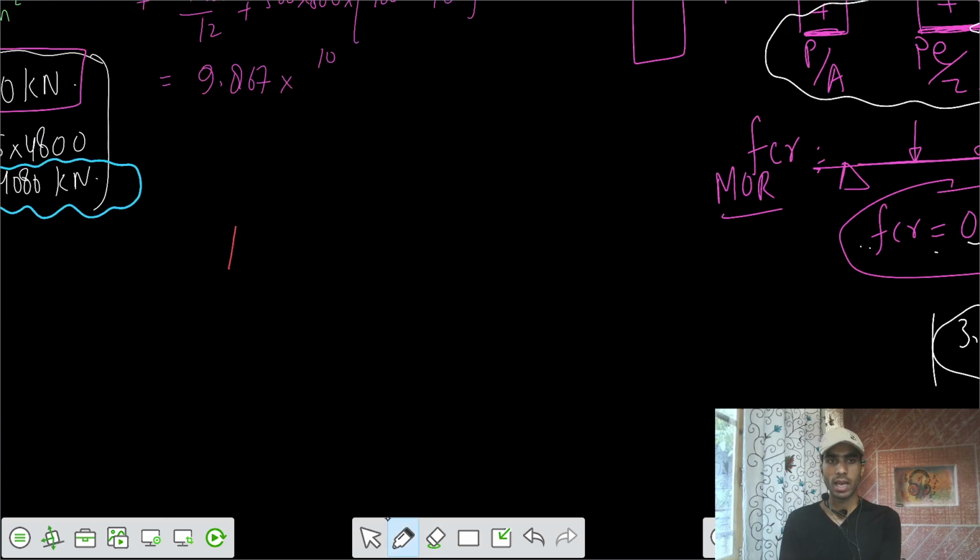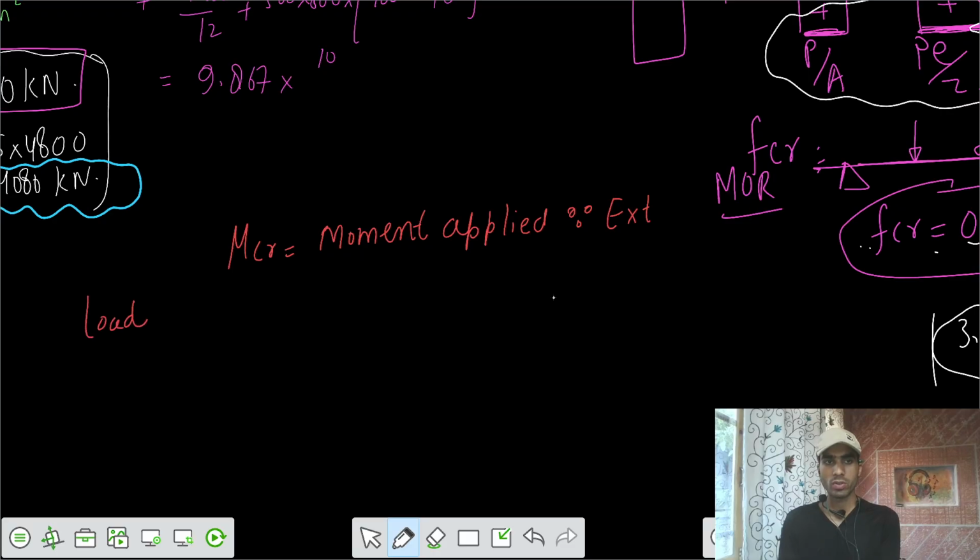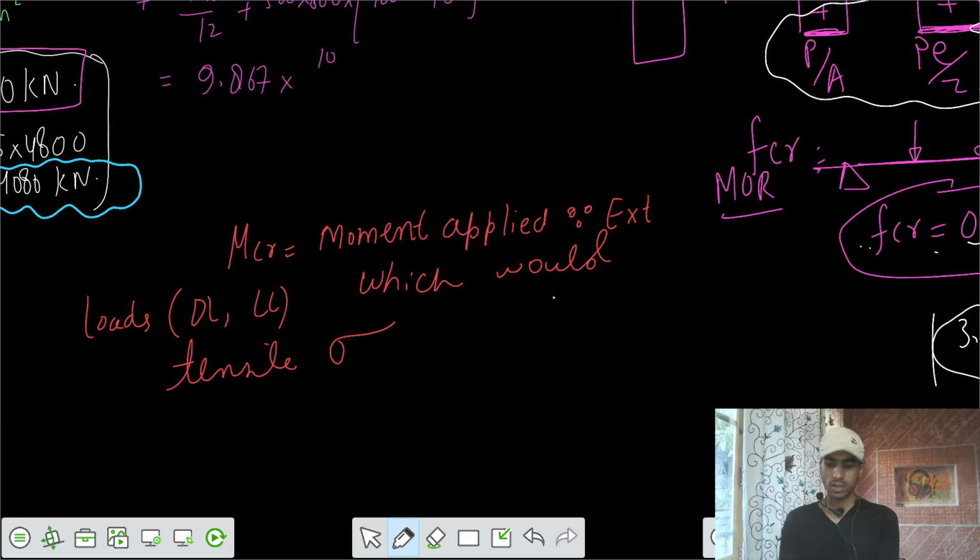Let's write that MCR. MCR is the moment applied because of the external loads. Your external loads, we are saying, are the dead load and the live load, which would cause tensile stresses equal to the flexural strength of the concrete.